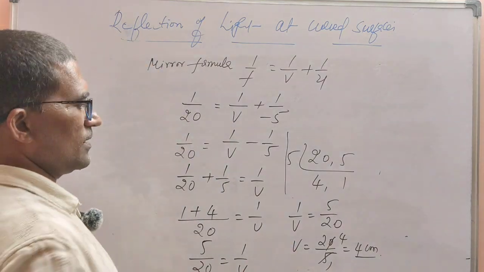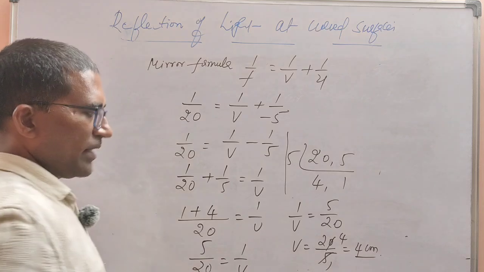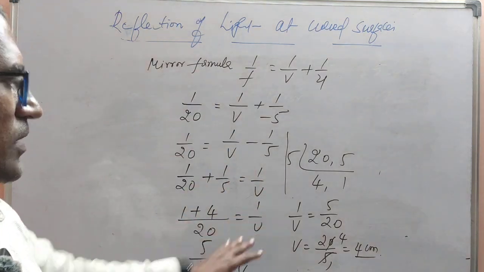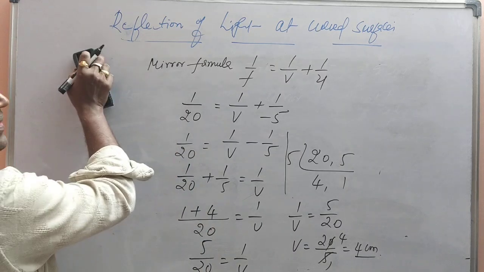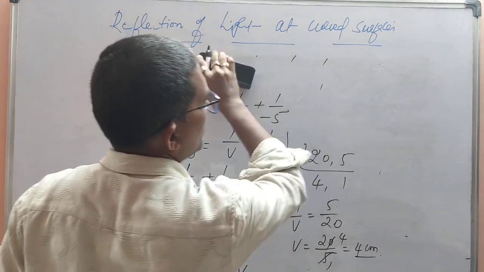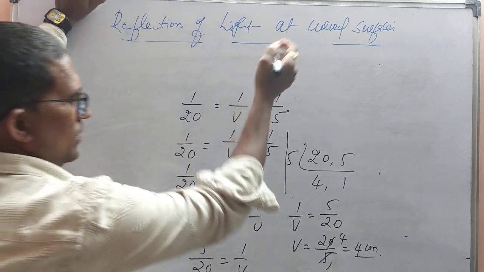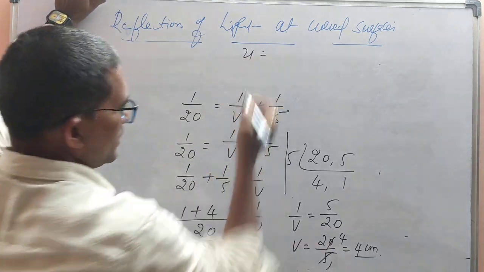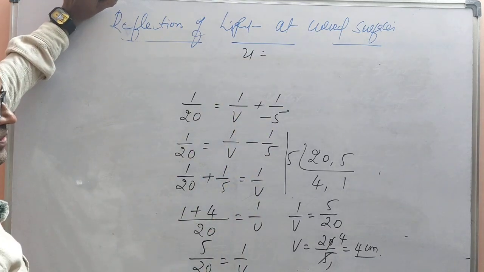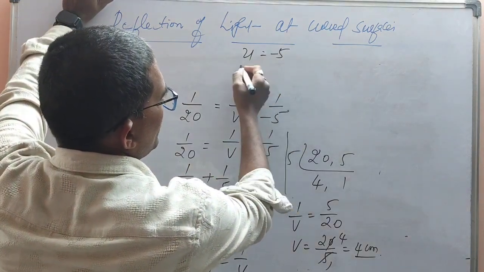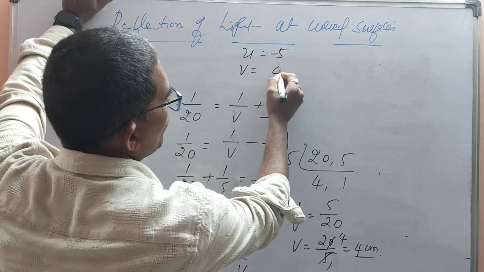Next, you have to find out magnification. Copy up to this particular explanation, then I will proceed further. Next, I'm writing all the values: u is equal to minus 5, v is equal to 4 centimeter.